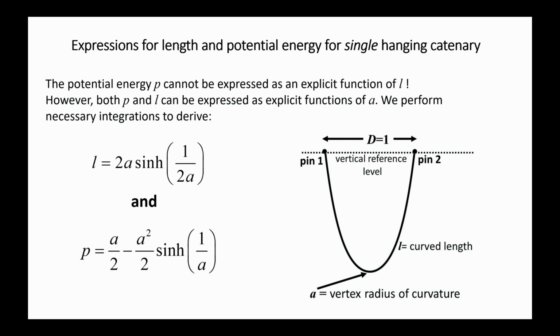But both the potential energy and the length can be expressed in terms of explicit functions of the parameter A independently. So using A as a parameter, we should be able to plot the potential energy against L to study how the variation of that would be.